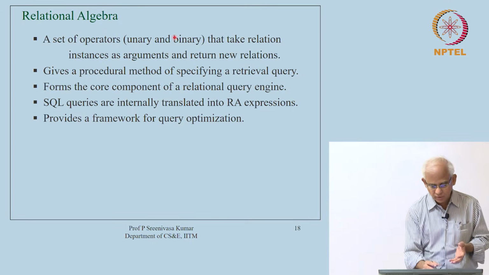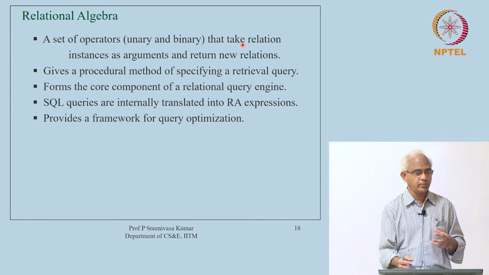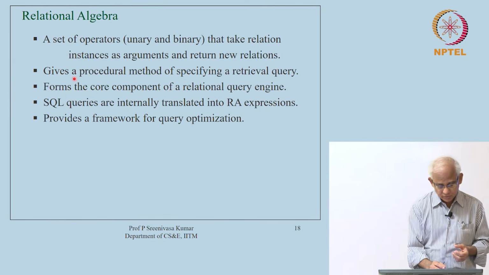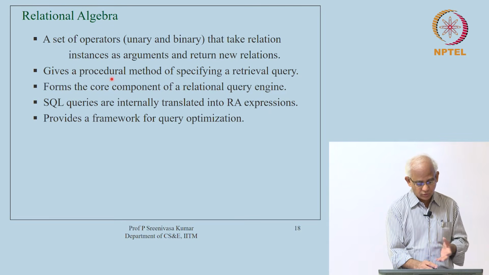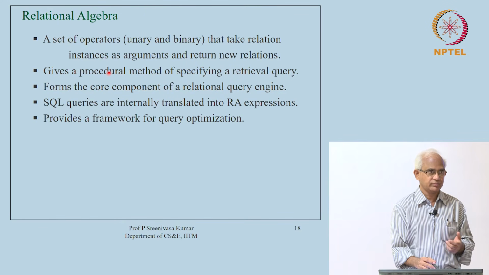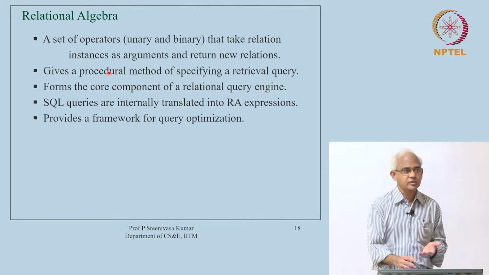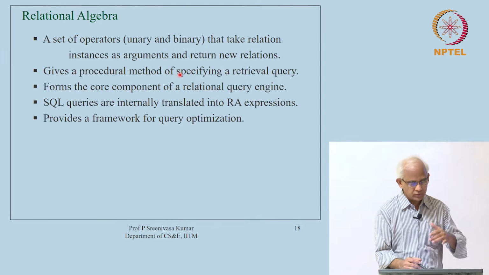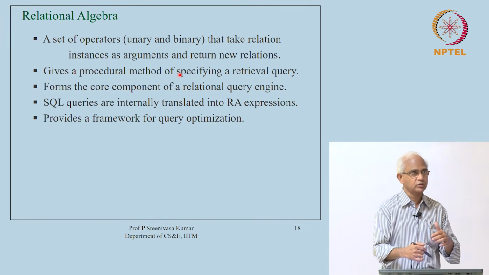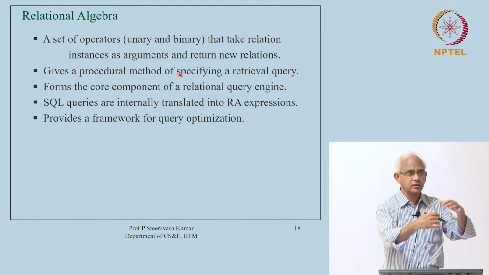So, relational algebra operators give us one way of expressing what we want. But interestingly, we can also see as we go along that this is a procedural way of expressing what we want. That means it says that, okay, you do this operation on this relation, do another operation on the other relation, combine this like this and then combine it with something else and then give me this.